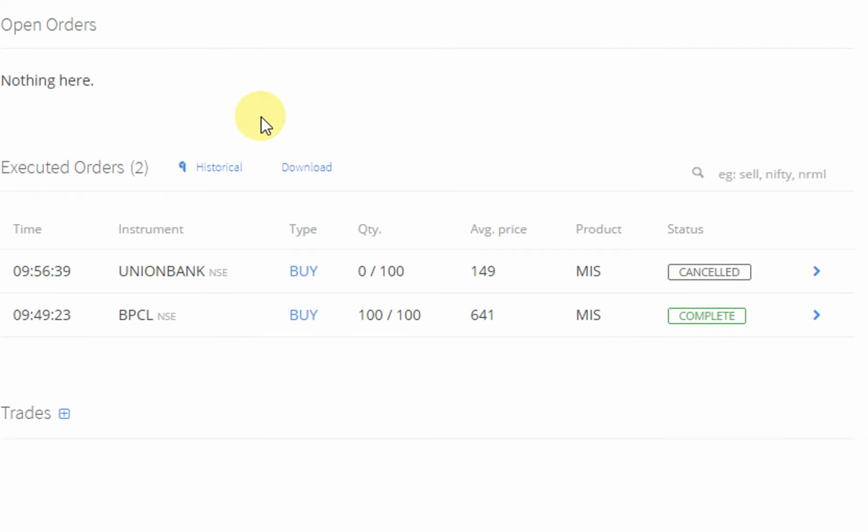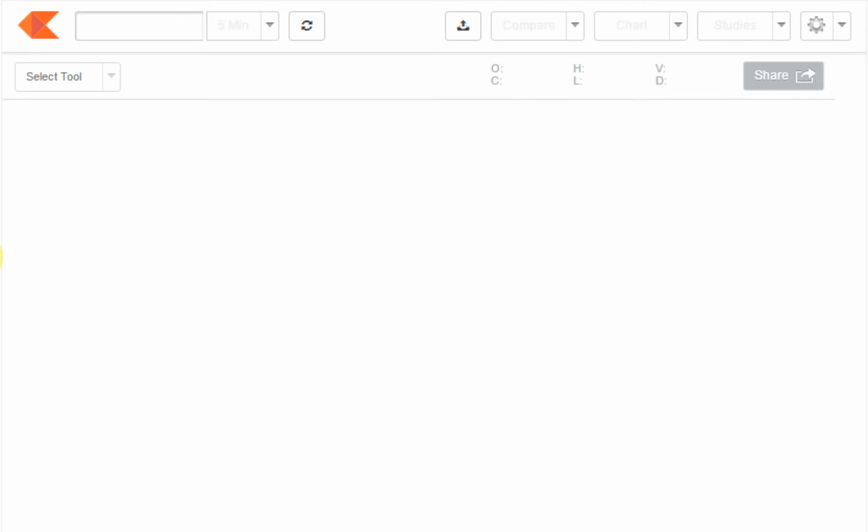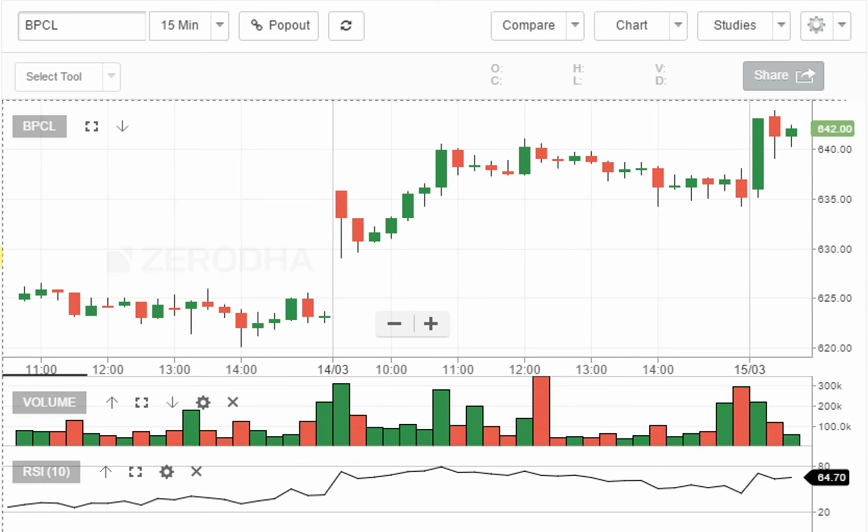So what exactly is happening here, we had seen the high made by BPCL in the first 15 minutes is 642.93, that is 643, and here the high is 644, you can say. And the opening was 643.